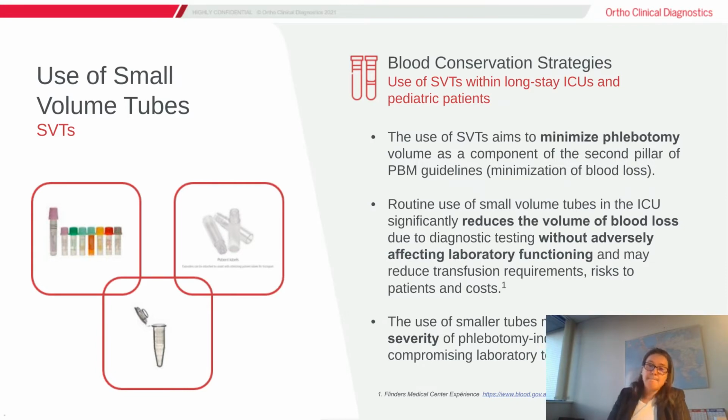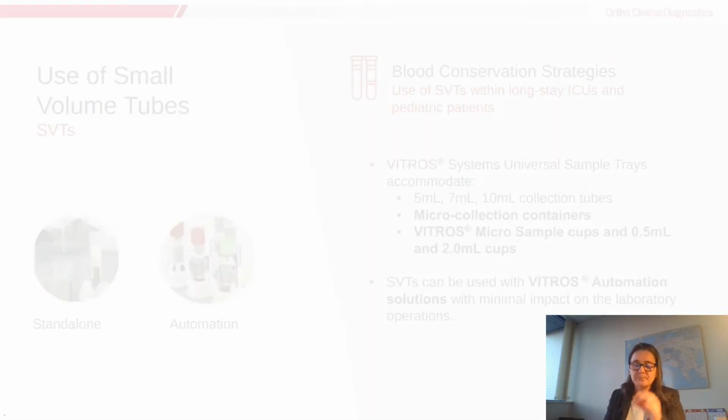The use of smaller tubes may also reduce the severity of phlebotomy-induced anemia without, again, compromising the lab test procedures. So small tubes are one of the crucial components that can impact patient blood management.